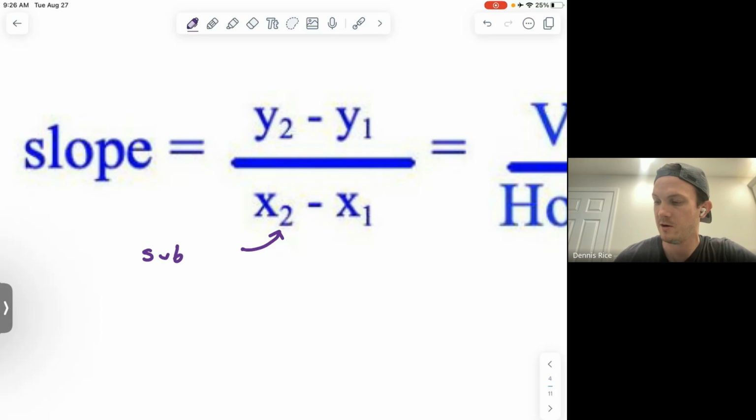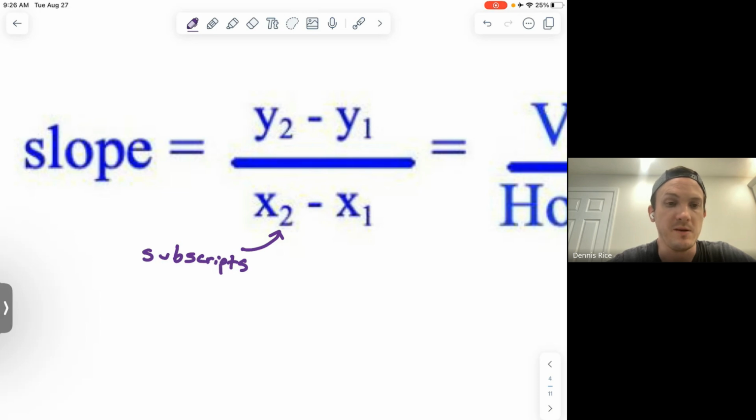Subscripts are, instead of being in the top right, they're in the bottom right. And it's basically just a naming capacity. It's saying, hey, the second X value minus the first X value, because we're using X twice here, right?